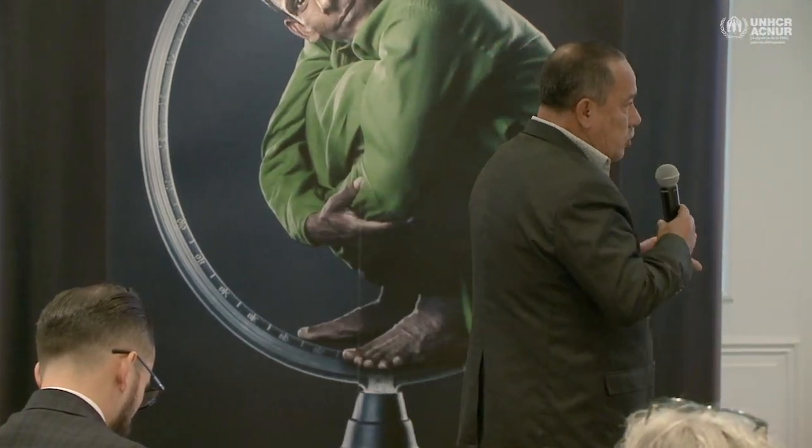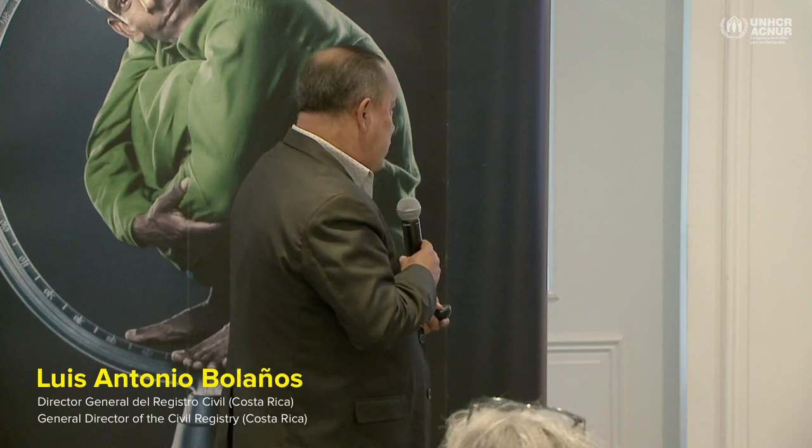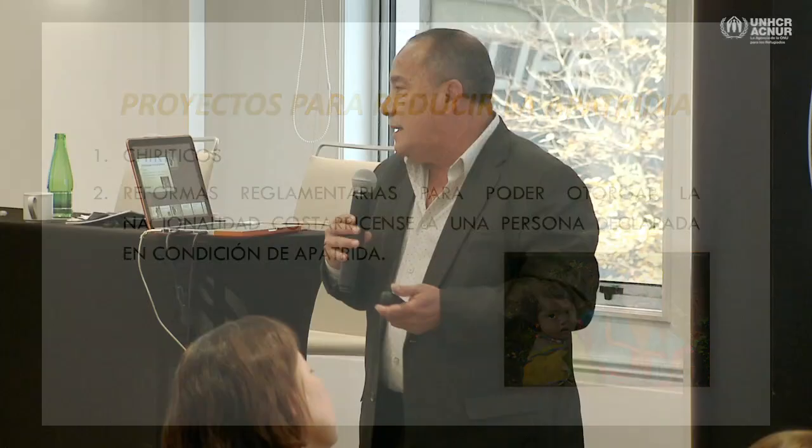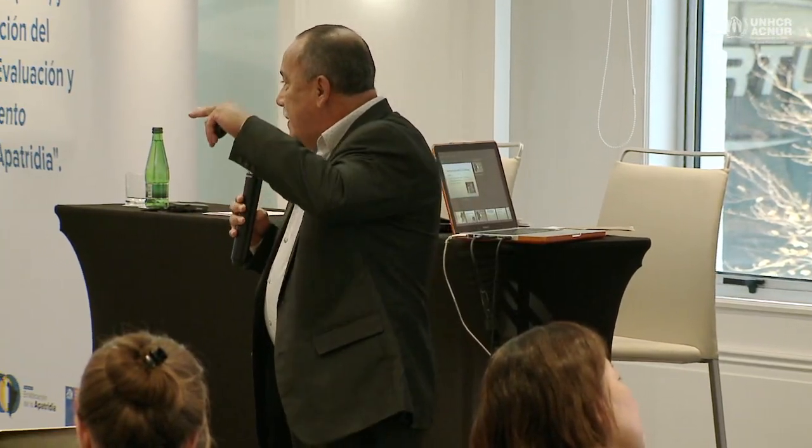So the first thing that I would like to mention is that in Costa Rica we have two projects. One became a model of care, which is the Chiriticos project, and there's also not a project, but rather an incorporation in a regulation. We have a regulation for any requirements for naturalization in the National Registry Office.